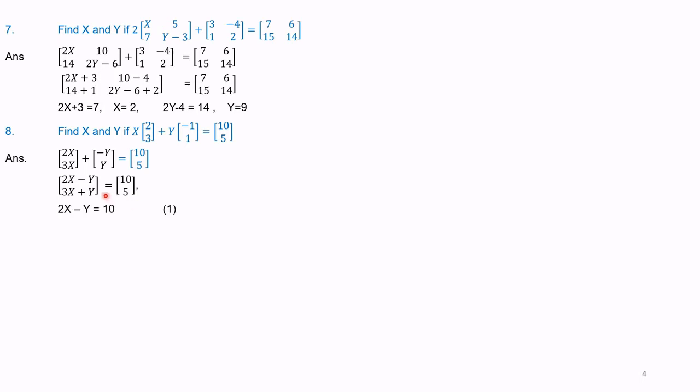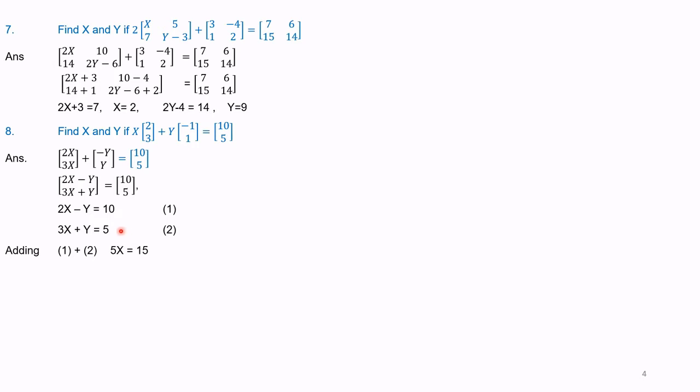Comparing the elements of the matrix on the left hand side and the elements of the matrix on the right hand side, we get 2x minus y is equal to 10 and 3x plus y is equal to 5. We can find out the value of x and y by the simultaneous equation method.